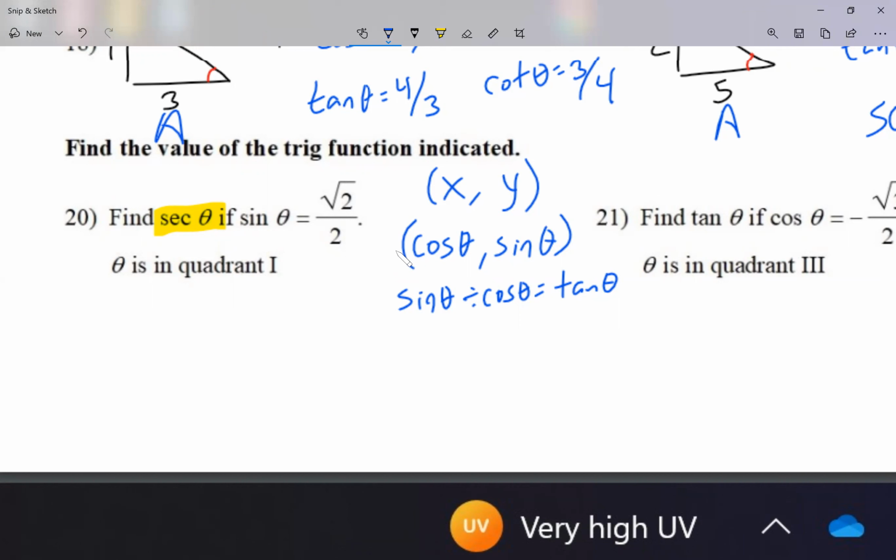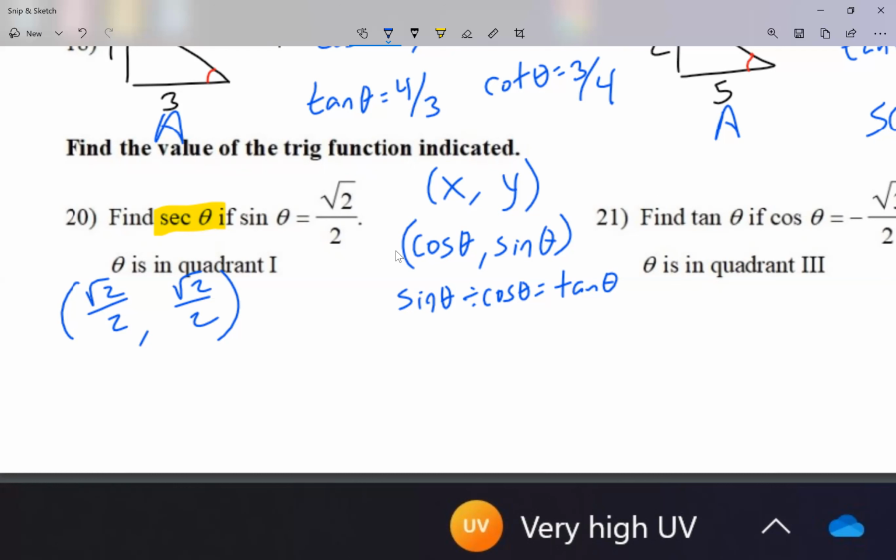There's a point where the values are radical 2 over 2 and radical 2 over 2. Because I'm looking at sine, I'm looking at the y value, which is radical 2 over 2. That is 45 degrees or pi over 4.